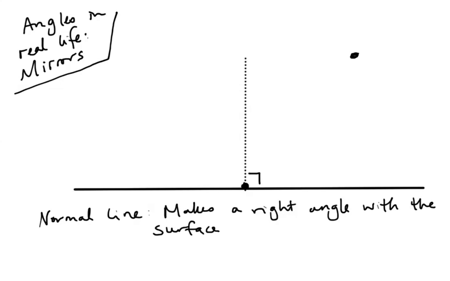Okay. So if we're up here observing, right in this dot, and we want to know what we see on the mirror at this point, well, we can draw this line.